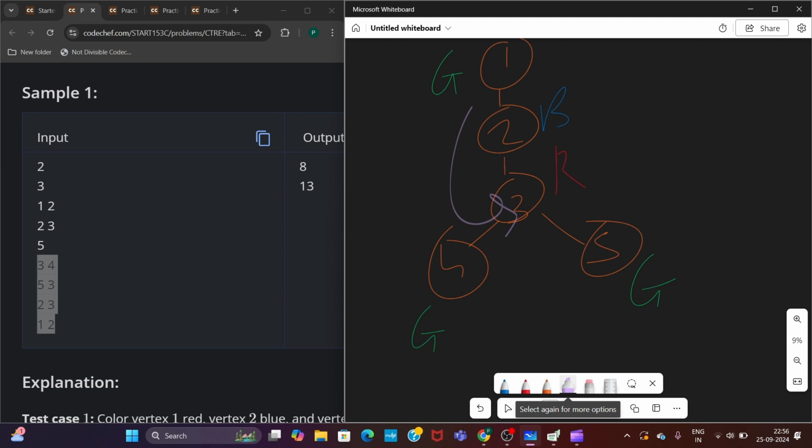Means from blue to red, it is 2 to 3. And our closest green over here is 1. So for blue to red it is 2 to 3, and from blue to green it is 2 to 1. Keep this in mind.